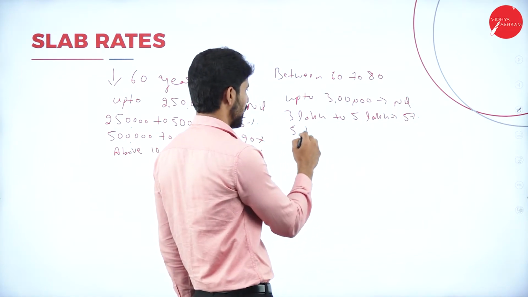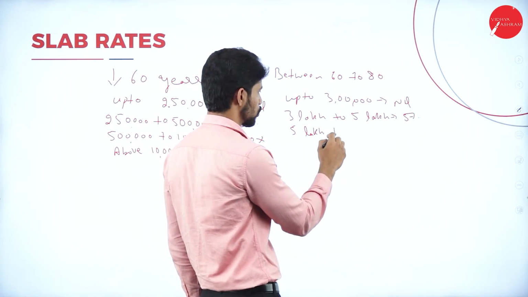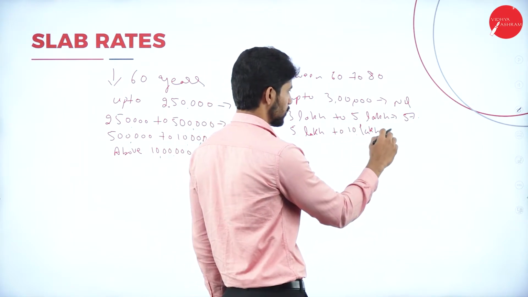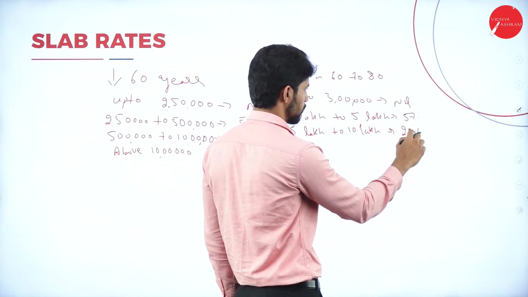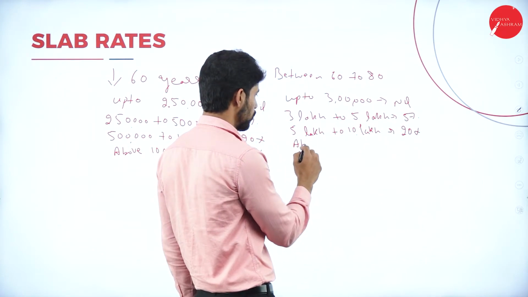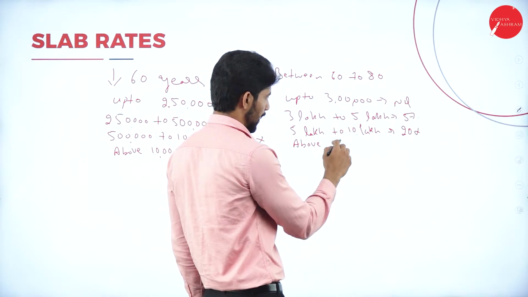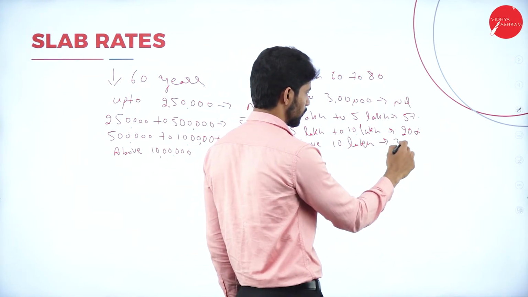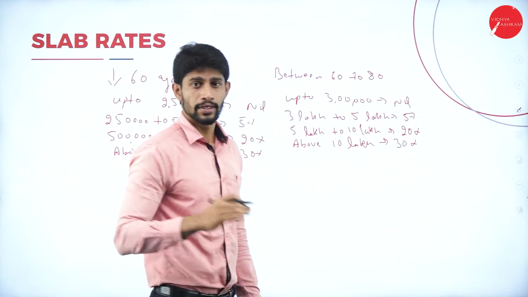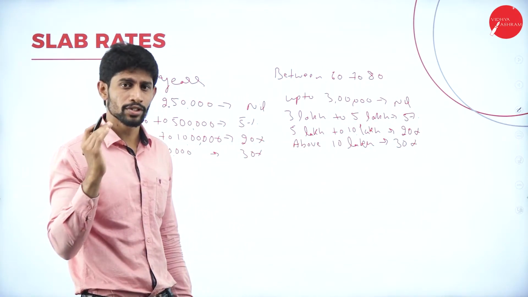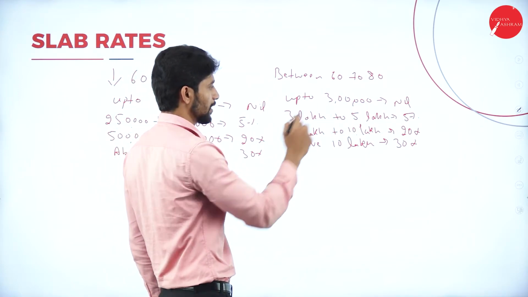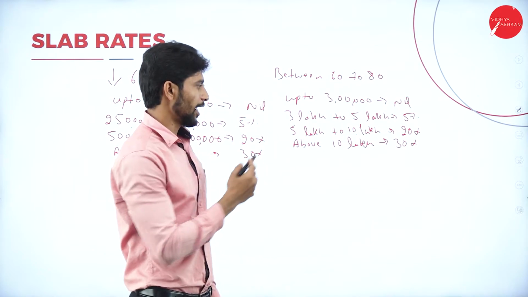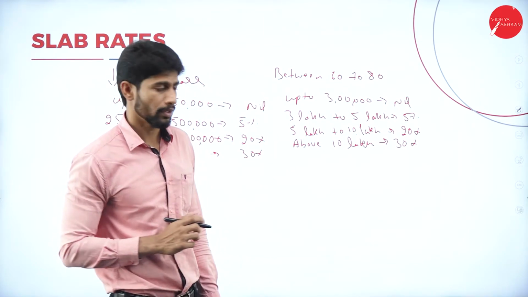Next, 5 lakh to 10 lakh, it is 20%. And above 10 lakhs, it is 30%. So if the assessee age group is between 60 years to 80 years, then up to 3 lakh it is nil, 3 lakh to 5 lakh 5%, 5 lakh to 10 lakh 20%, above 10 lakh it is 30%.